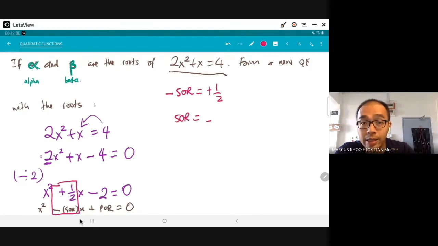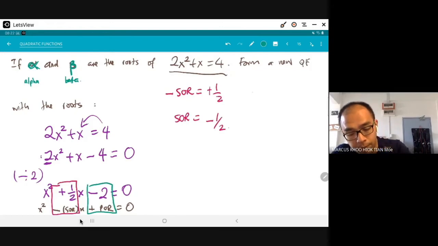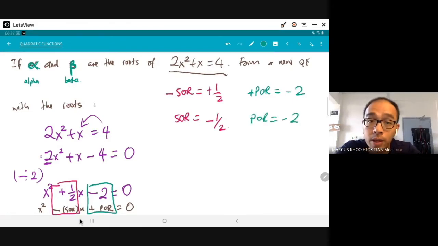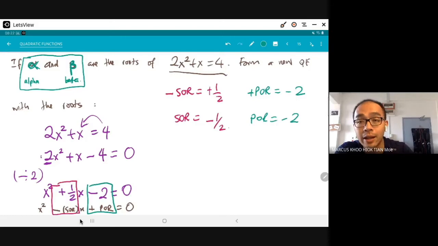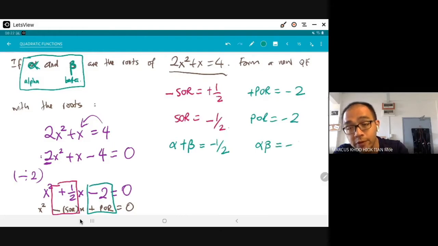My SOR is negative half. And I can also make a second conclusion: my plus POR equals negative 2, which means my POR is negative 2. Then we also have to relate it to the original alpha and beta. Now SOR, if the roots are alpha and beta, the SOR is alpha plus beta equals negative half. And then the product of roots will be alpha times beta equals negative 2.